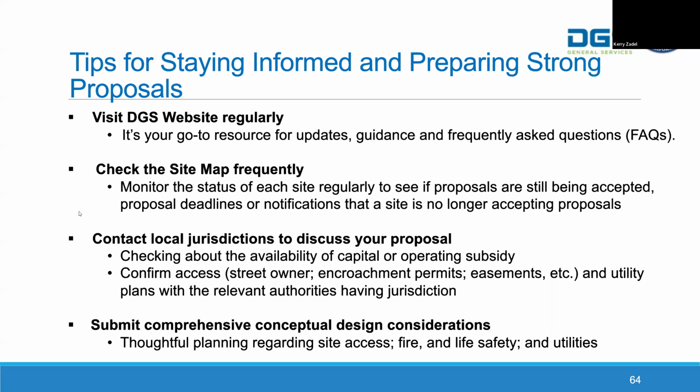Even though there's state sovereignty on the state-owned site, oftentimes you might have to build a driveway over city sidewalks, for example, so you'll need an encroachment permit. So you need to know what the easements are around the site and the utility connections. Try to get a hold of those plans and have the very substantive discussion with the relevant authorities having jurisdiction around the site.